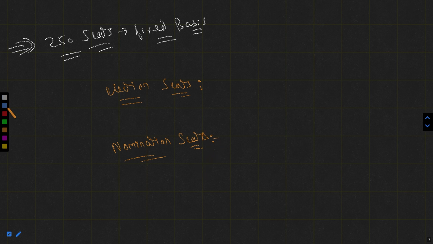The election seats are 238, filled by indirect elections.